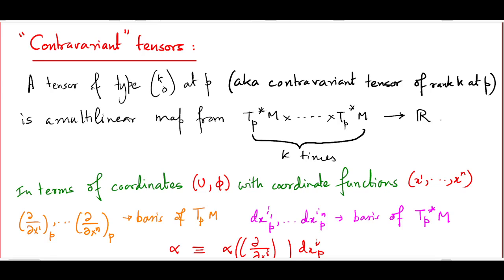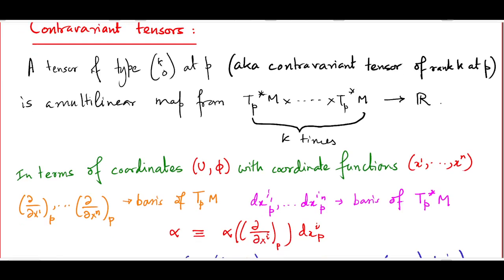And the important point is, these dxi at p form a basis of Tp star M, and as a result, all covectors can be written down as a linear combination of dxi at p. So you can always write a covector alpha as alpha_i dxi at p, if alpha is a covector at the point p.